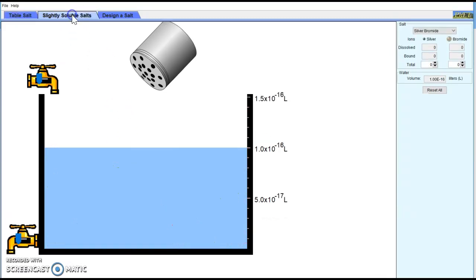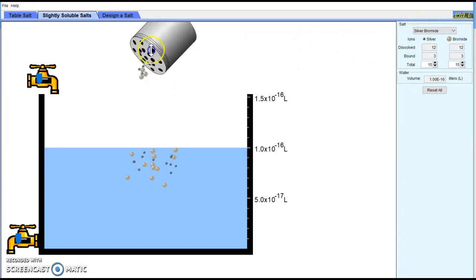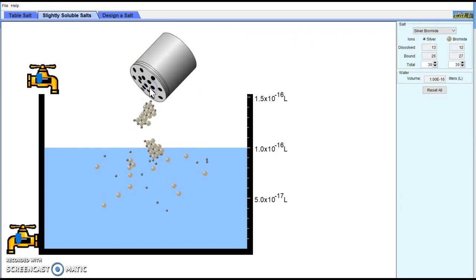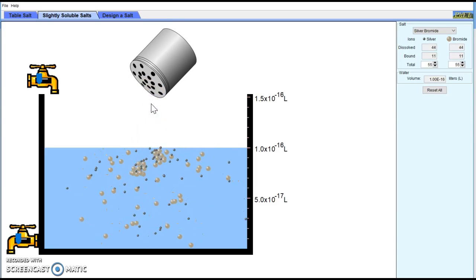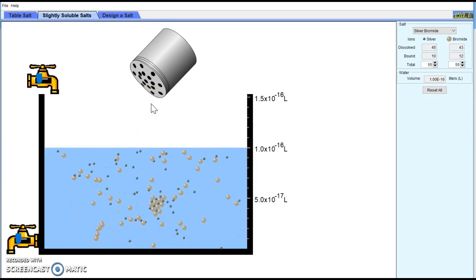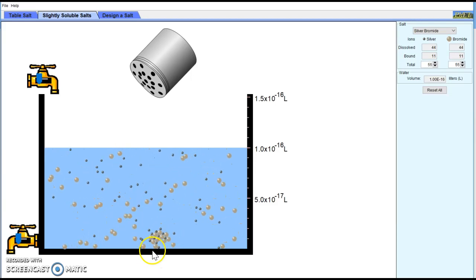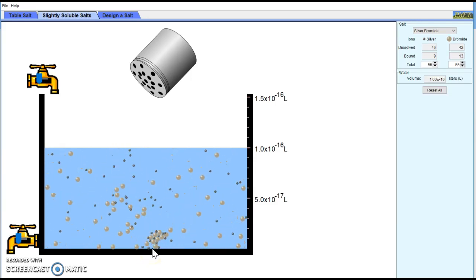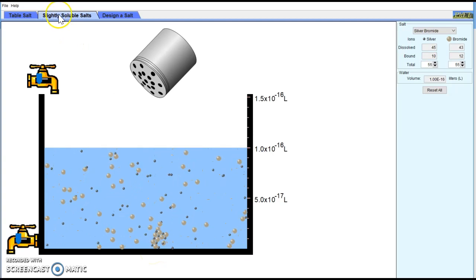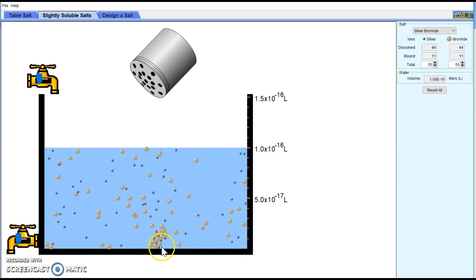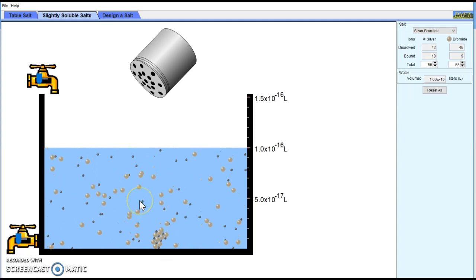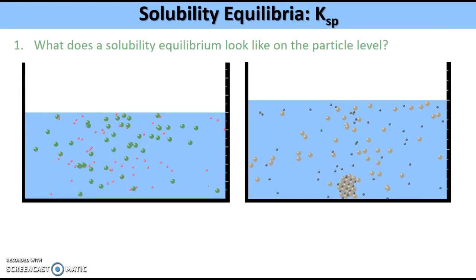More often, in solubility equilibrium problems, we're dealing with salts like this one, silver bromide, where it takes much less salt to get some on the bottom. This means the solubility is much lower. It's only a slightly soluble salt, and it's much easier to reach that equilibrium point where you have solid on the bottom in equilibrium with the ions in solution.